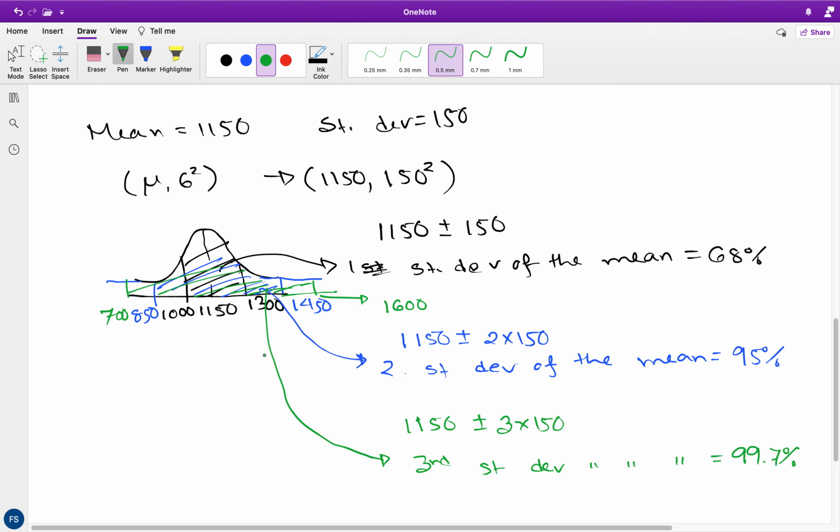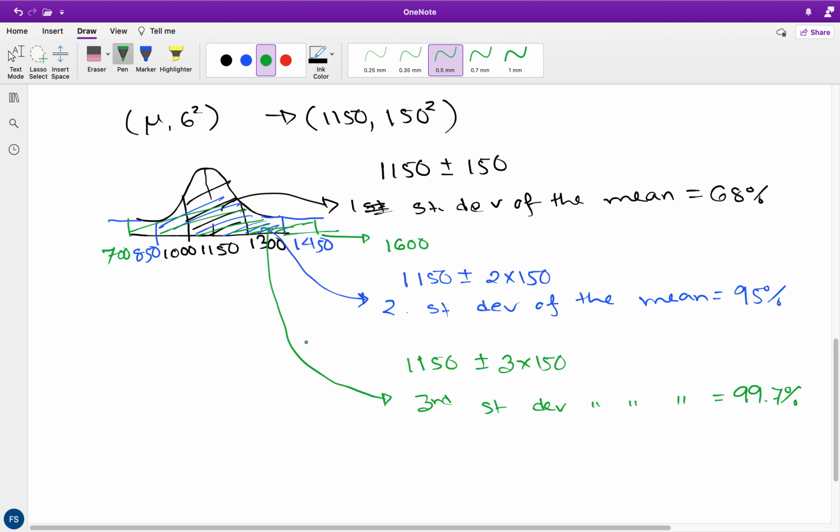Now in any normal distribution, no matter what the values of your mean or standard deviation are, the total area under this curve is always equal to 1. So the total area under this is always going to be 1. That means 100%. Therefore, partial areas under the curve represent your probability.